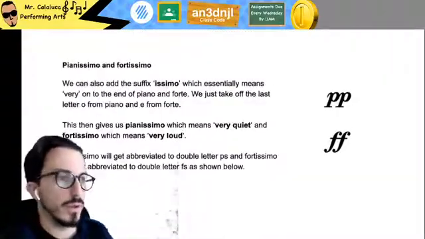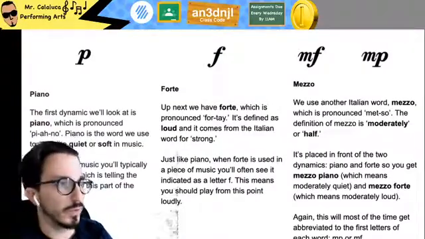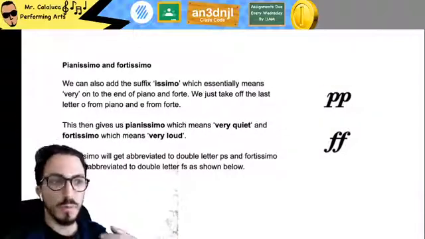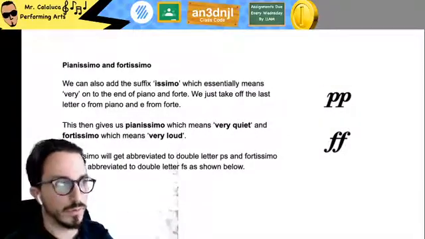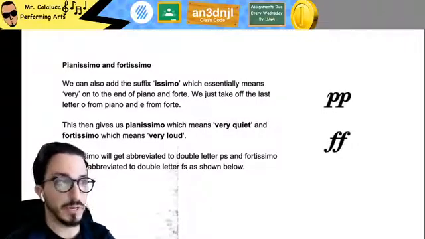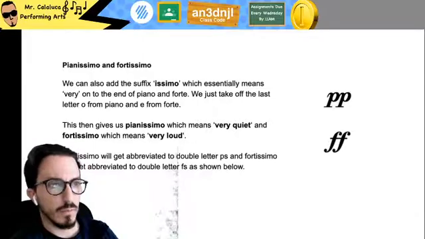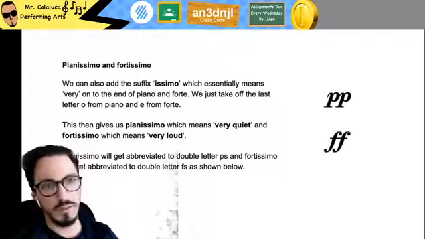So we just had piano, forte, mezzo piano. Then we come to pianissimo and fortissimo. So issimo at the end basically means very. We just take whatever we had last, forte, fortissimo, issimo, very.